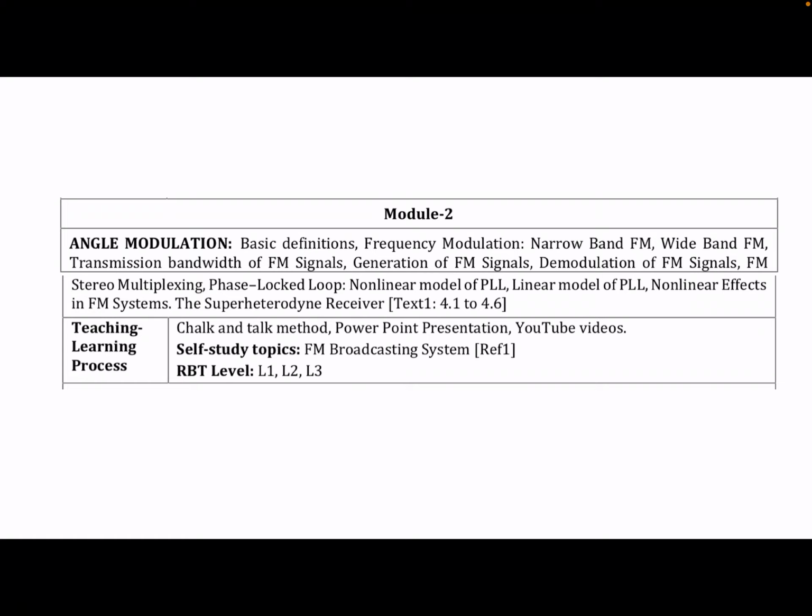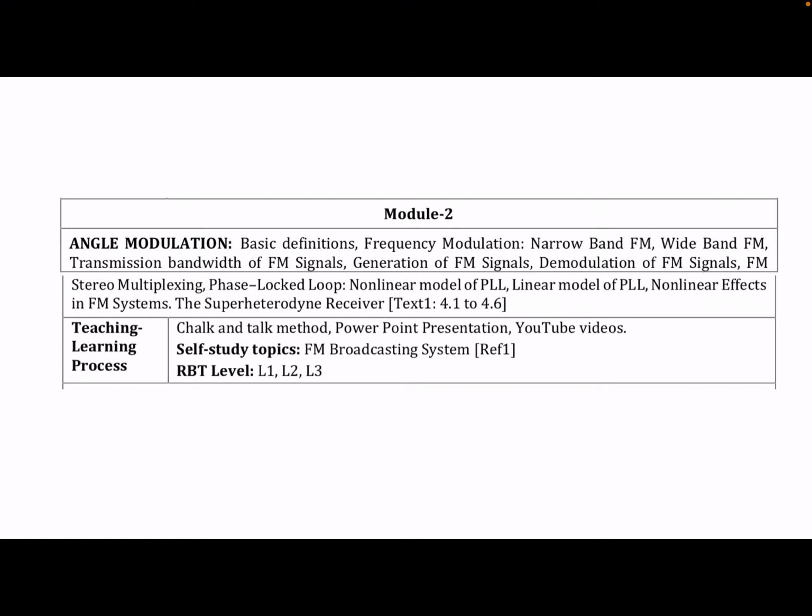After that, we saw certain formulas related to power, transmission bandwidth, etc. Then we saw the methods of how to generate the FM signal, using a tank circuit. Then demodulation of the FM signal using a balanced frequency discriminator, and then stereo multiplexing and demultiplexing, and the phase locked loop (PLL).